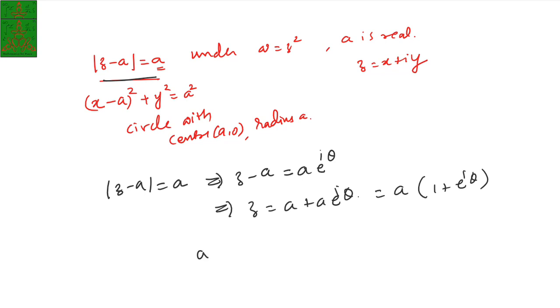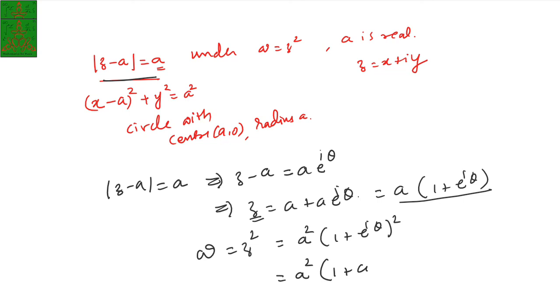Now we have the map w equal to z square. So let us substitute that value here, that is a square (1 plus e power i theta) whole square. So this I can write as a square (1 plus cos theta plus i sin theta) whole square.